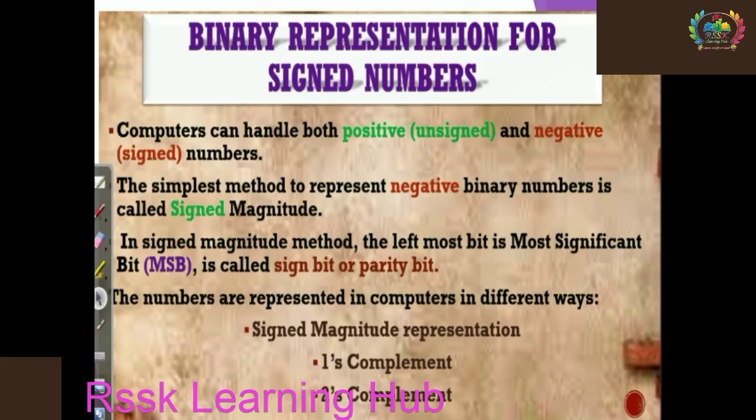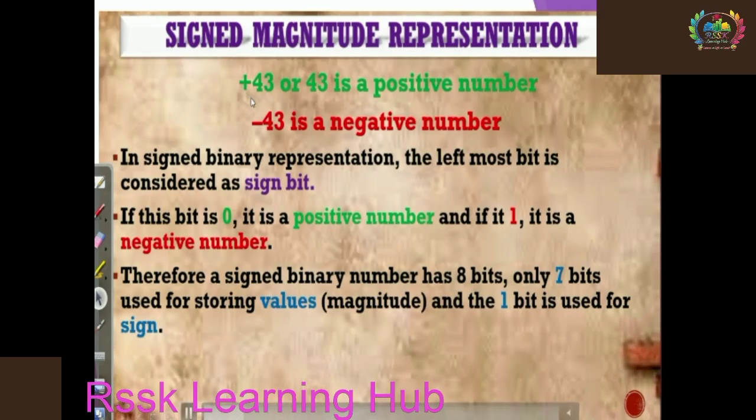It indicates your sign bit or parity bit. I will show you the representation so that you can know the concept very well. I will show you the picture of this MSB and LSB. Similarly, in sign magnitude representation, you have to come across the concept of one's complement and two's complement.